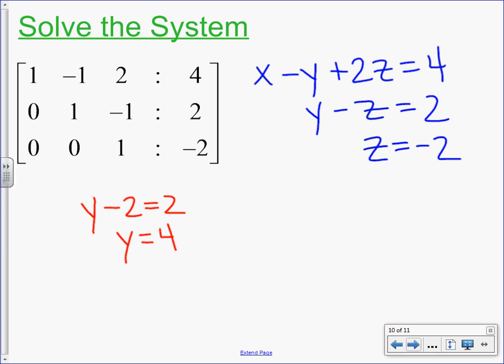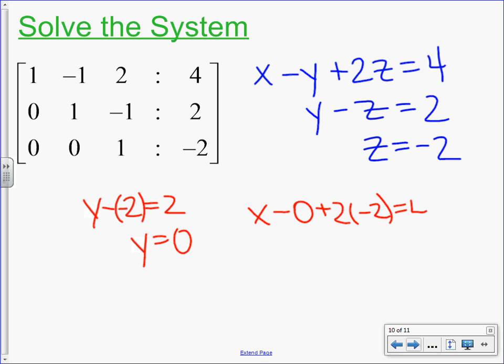Thank you. Wouldn't it be y minus -2? So what's y? Thank you. And then what can we do? Plug it in. Go to the first equation, x minus y plus 2z equals 4.